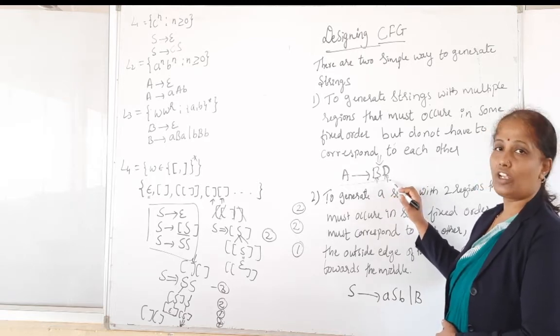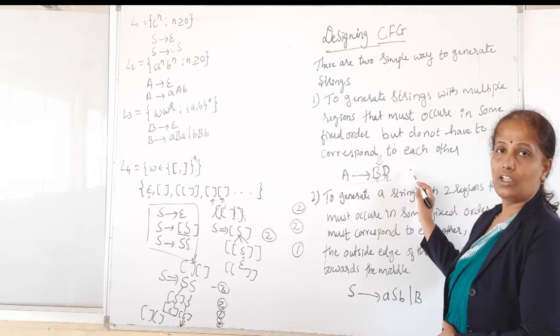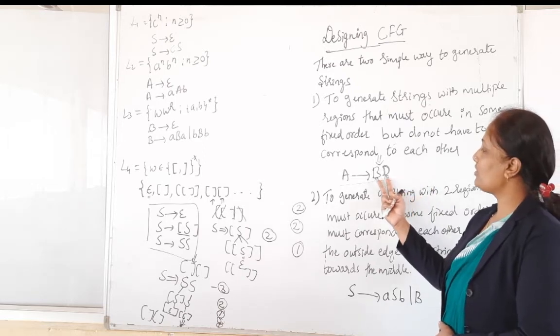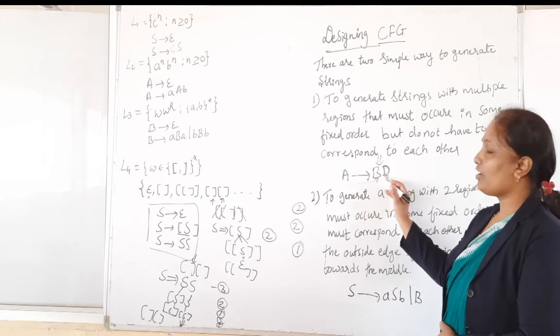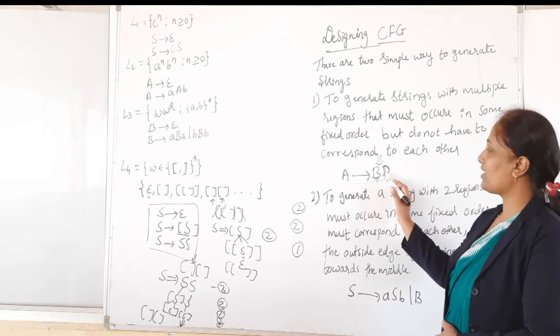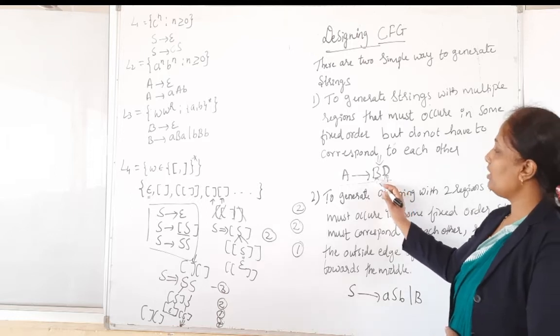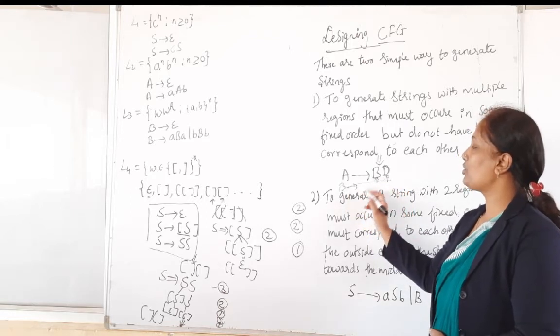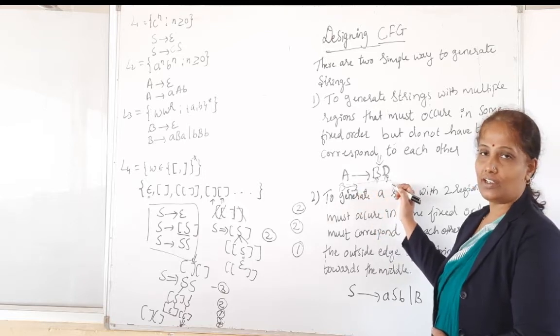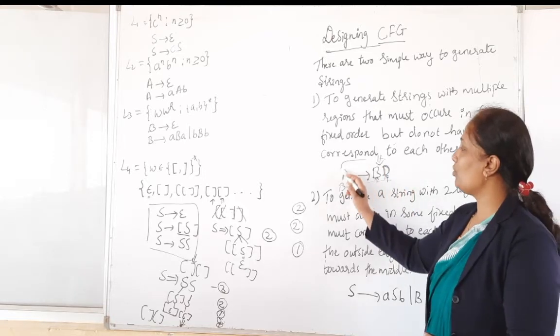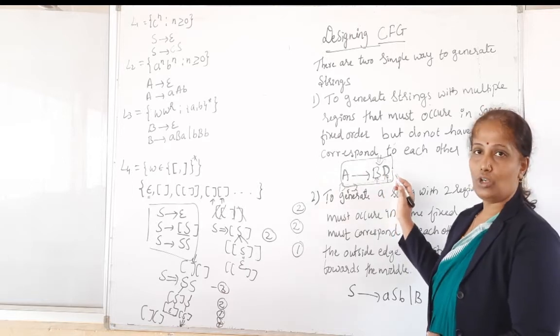The second non-terminal defines the strings for another region. So two regions' strings are defined by these two non-terminals, but they are not dependent on each other. So B defines the strings belonging to the first region and D defines the strings belonging to the second region. So we can write the rule to define the strings for two regions.